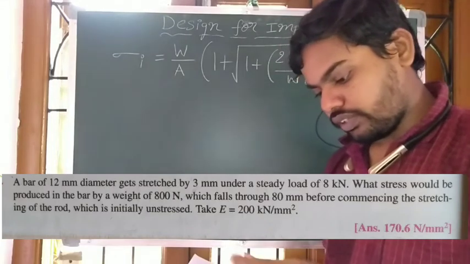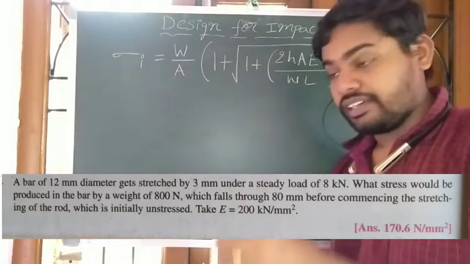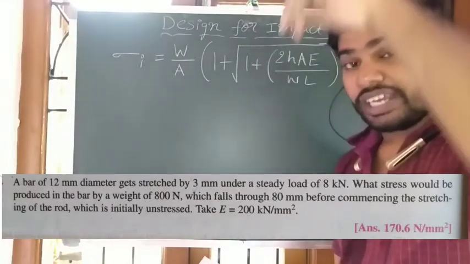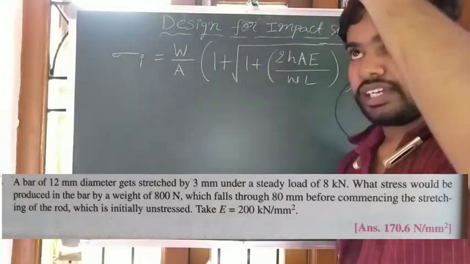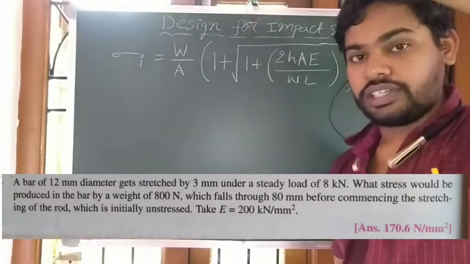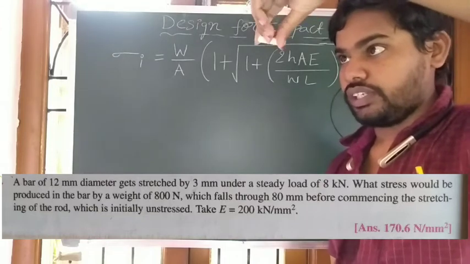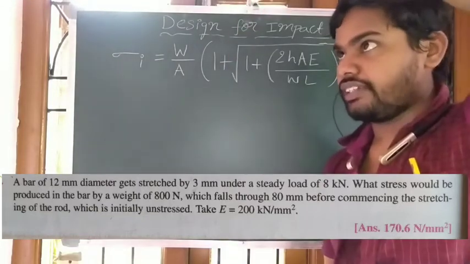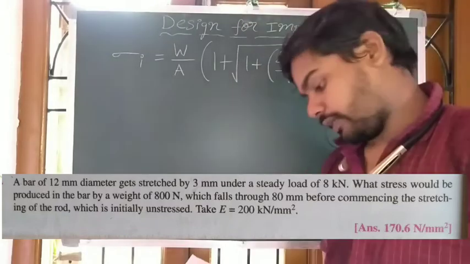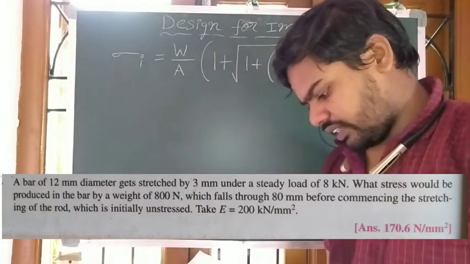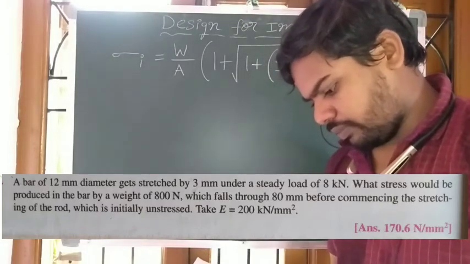So that weight of 800 Newton is applied from a certain height. That height H is equal to 80 mm. And take E is equal to 200 kN per mm square.